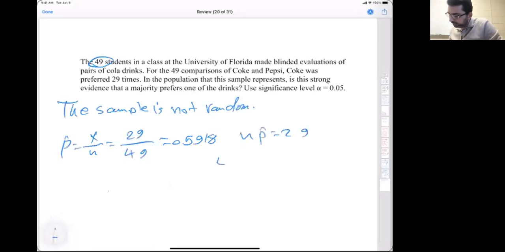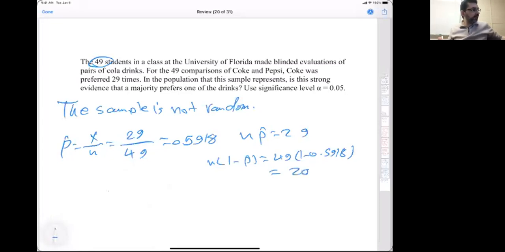The more important thing is n times 1 minus p hat. So it's 49 times 1 minus 0.5918. This one gives us 20.